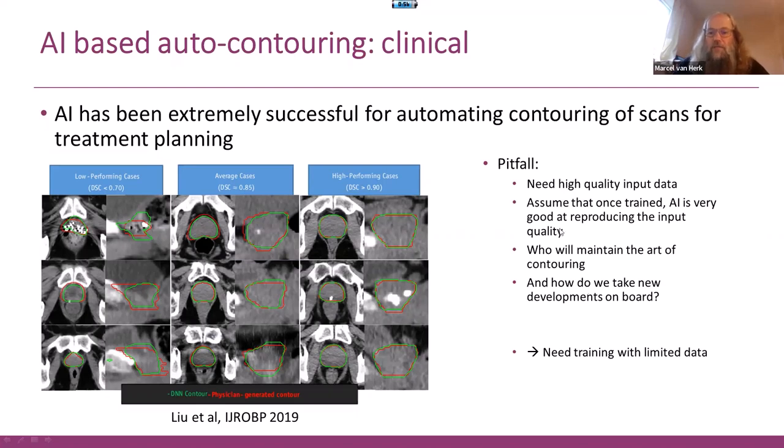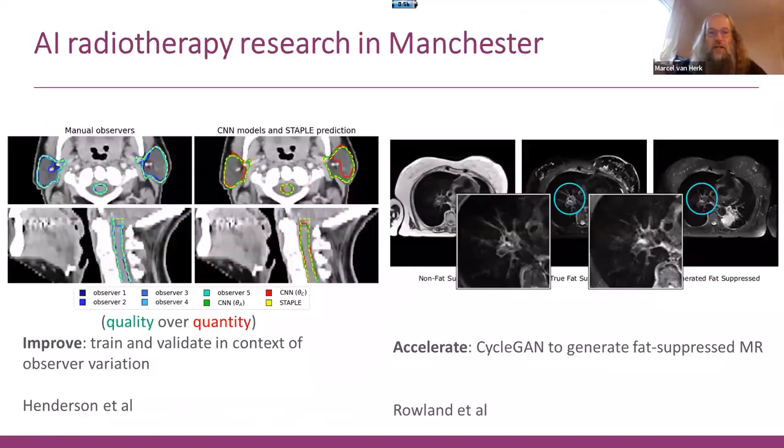There is a problem there, because once we start introducing AI, maybe the knowledge of how to delineate targets is reducing, and that would have a very, very severe impact. So we actually want to train our networks with very limited data. And one of the projects that we have running is by Ed Henderson et al.